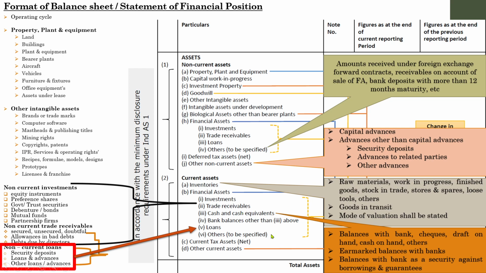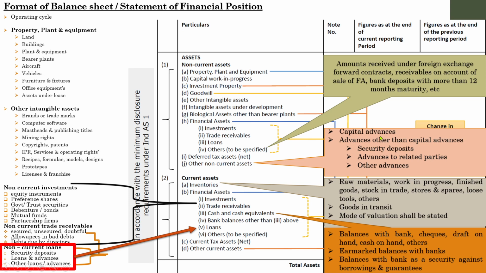And after that, other current assets. Under other current assets, it also includes the same category as other non-current assets, that is capital advances.